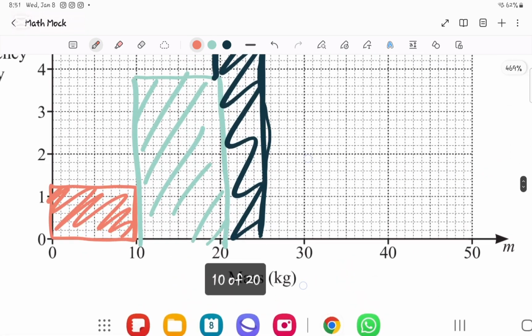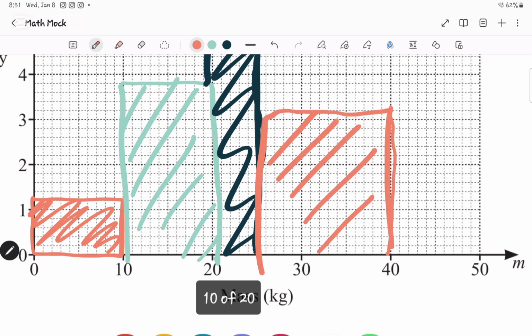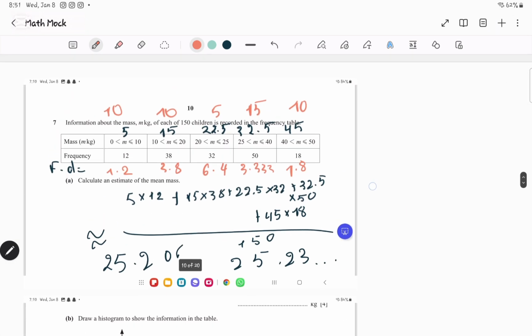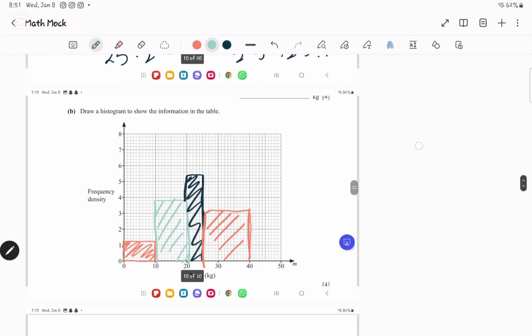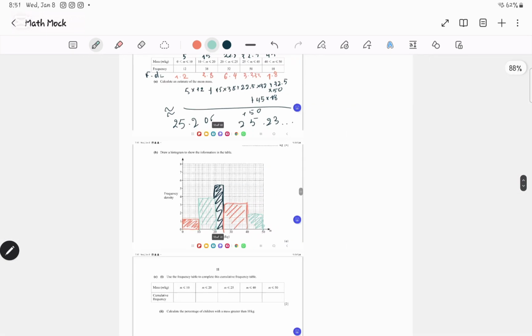So about here. Finally, between 40 and 50, there was a height of 1.8, over here. And that is it for part B.